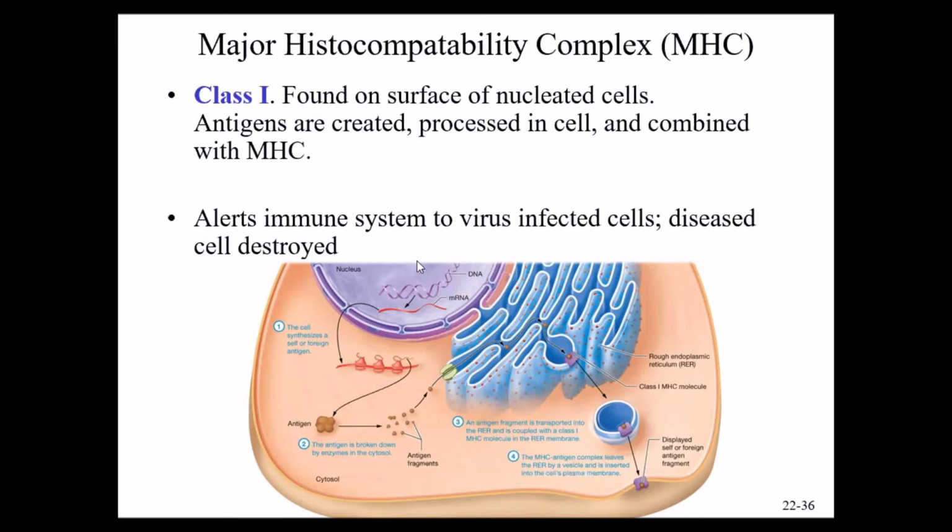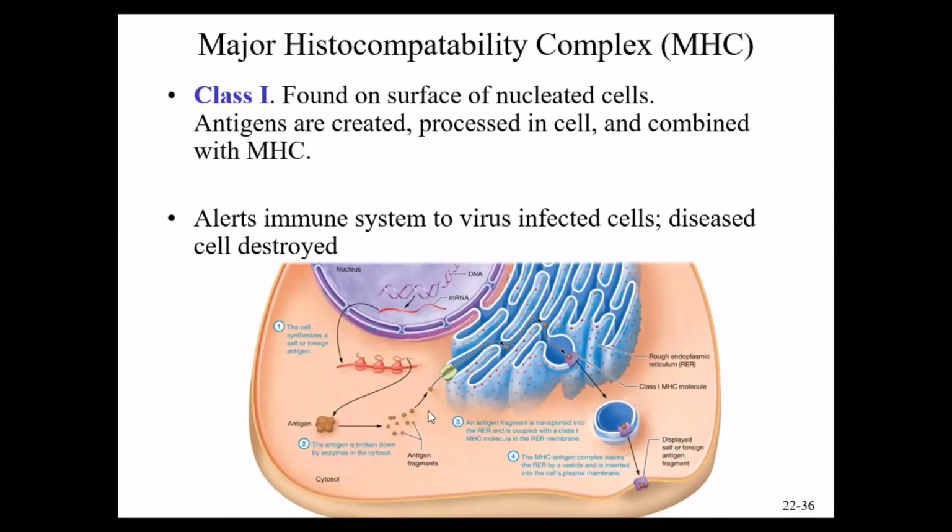And the process, you can see in the diagram here, you've got some kind of cell that has taken some type of antigen on the inside of the cell. So for example, think about a virus. The virus goes in and attacks a cell from the inside. This cell takes in some of that antigen.